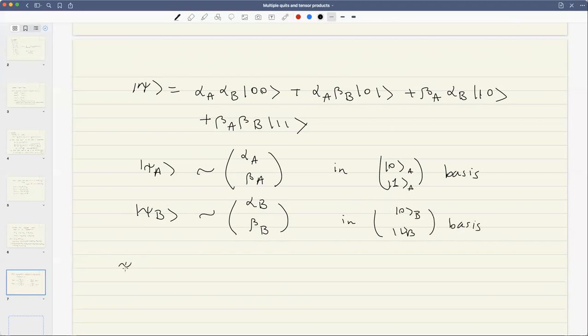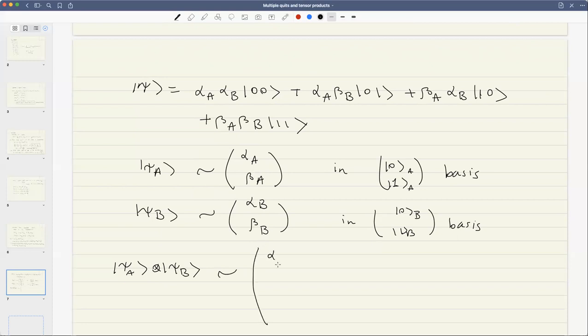And finally, psi A tensor psi B, the state where each of them is in a well-defined superposition, each has a well-defined single qubit state, has a representation that I can read off here.